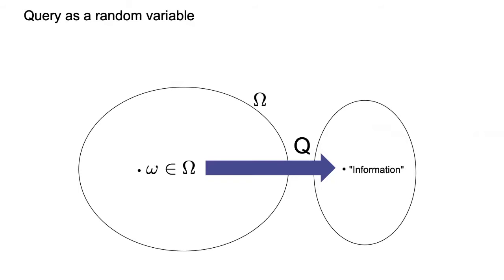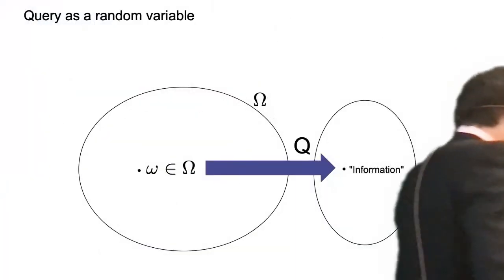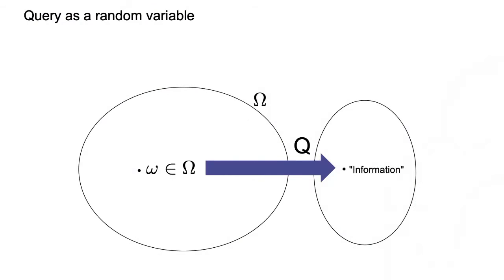Like any random variable, just like our blue squares and so on. All right? So from now on, in this course, I'm going to be using Q. Big Q, I always use the uppercase for the random variables, lowercase for the mathematical variables. Big Q, uppercase Q, is a random variable that is a query, right?